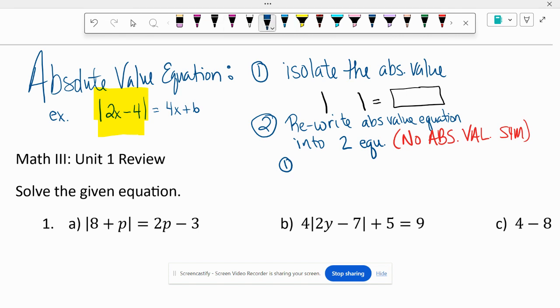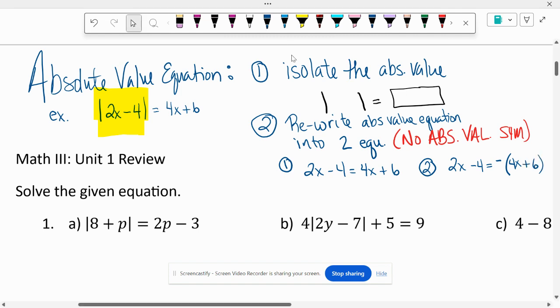So now I need to write two equations. My first equation is going to be 2x minus 4 equals 4x plus 6. My second equation is going to be 2x minus 4 equals the opposite of the quantity 4x plus 6.